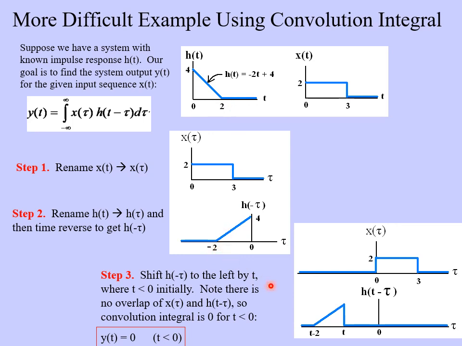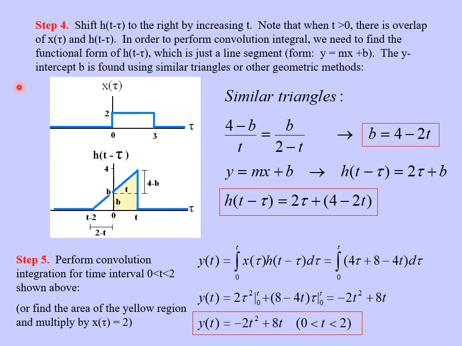And then we're going to start by shifting h of t minus tau over to the left and it doesn't matter how far, because if we shift it at all, notice they don't overlap at all, and so our output is 0 for t less than 0. This is kind of similar to the last problem we just did. Now here's where it gets fun.